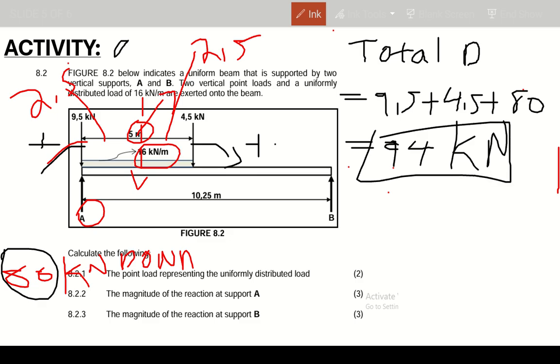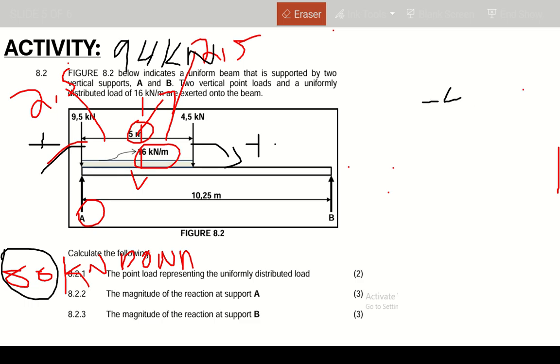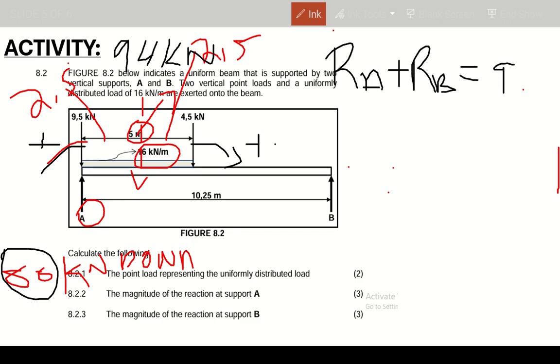Let's write it here. We need it as well. And then what will be the next step now? The next step again, just calculate: R at point A plus R at point B is equal to 94. This is the same thing.